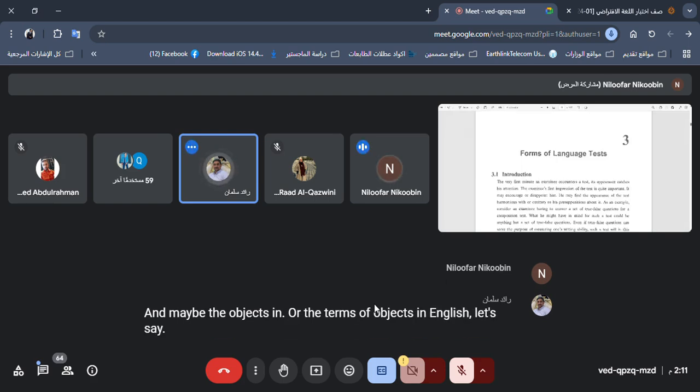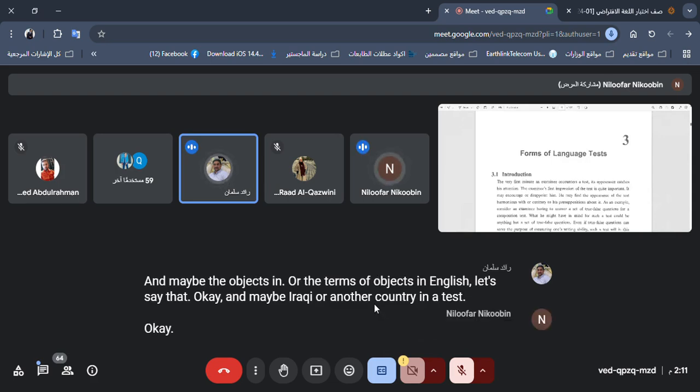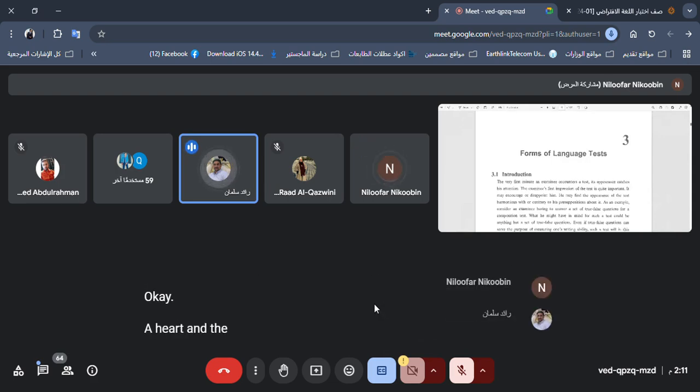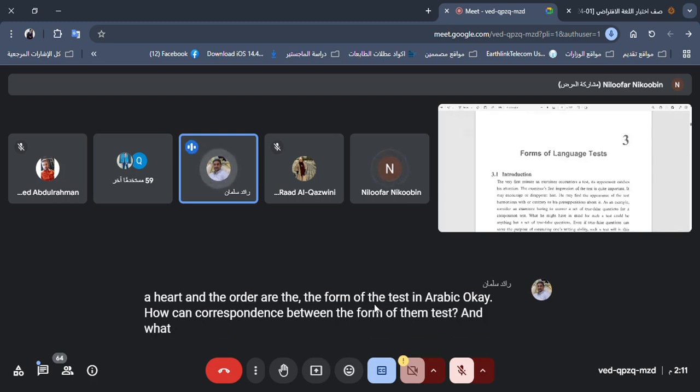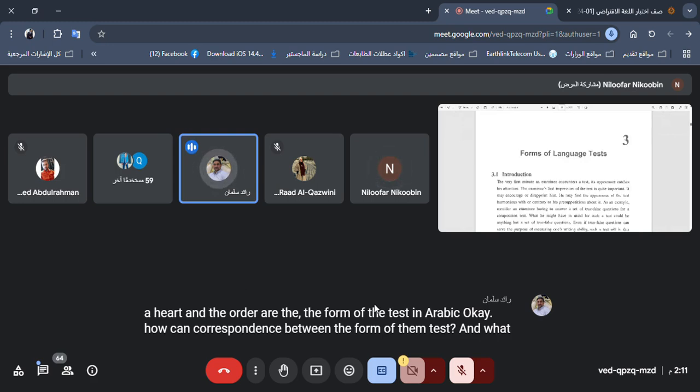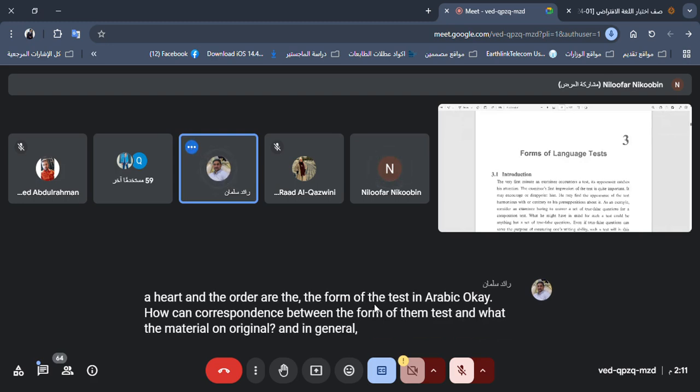Maybe in Iraq or another country, the test had the form in Arabic. How can there be correspondence between the form of the test and the original material in general, I think.